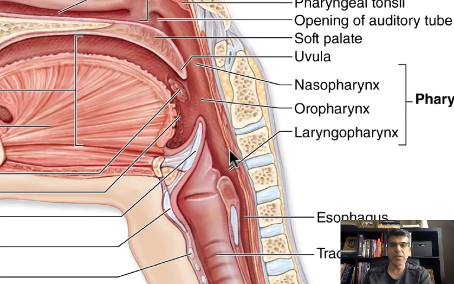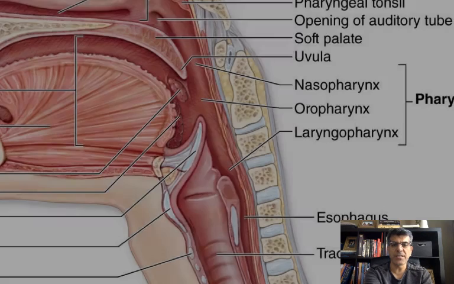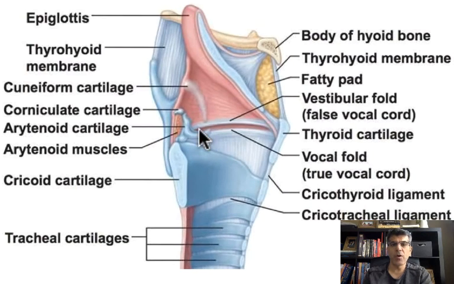That is going to bring us to the last part of the pharynx, the laryngopharynx. It's called laryngopharynx because it's going to open to the larynx. Again, the larynx is called the voice box because it has the vocal cords. We're going to talk about the structure of the larynx in just a minute, but for now I want you to look at the larynx here, and you can see there is a vocal cord here.